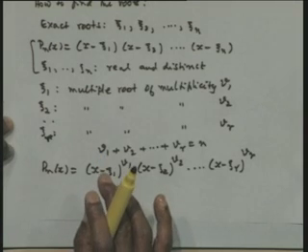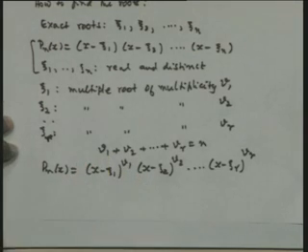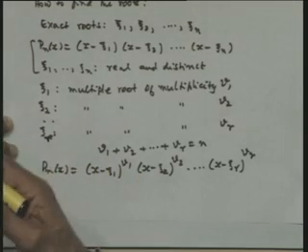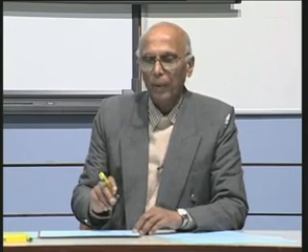Now, I am using the word extract in a slightly different sense from what we use in the Newton-Raphson method. In Newton-Raphson method, we say find the real roots of this particular thing, but here we want to extract a real root from the polynomial equation and automatically produce the polynomial obtained by removing that root, that means the deflated polynomial.